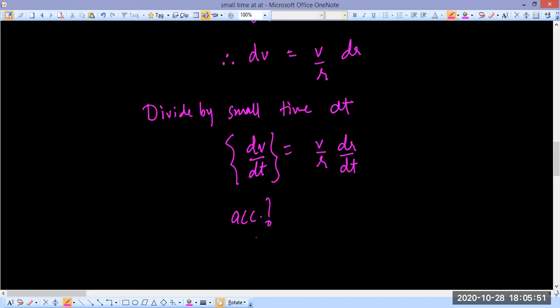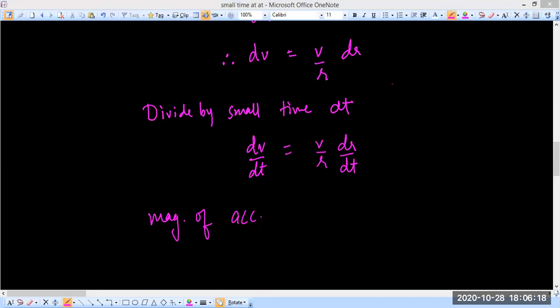No, it is not acceleration, it is magnitude of acceleration. I hope you realize why. It is called retardation only if speed is decreasing.